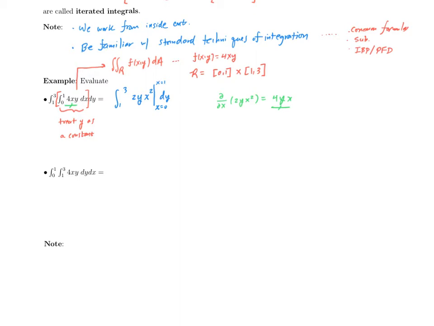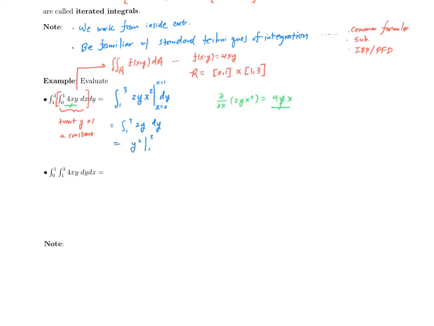So we now substitute in x equals 1, we put a minus sign, we substitute in x equals 0. So x equals 1 gives us back a 2y. If we subtract away what we get when we substitute in 0, that is just 0. Note that once we have evaluated the inside integral, this turns into a much more familiar setting. This is just a single definite integral from Calculus 1, which we can evaluate. The antiderivative of 2y would be y squared.